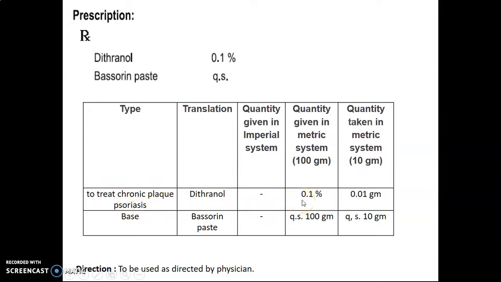Quantity given is 0.1%, that is 0.1 gram in 100, and the quantity taken in the metric system is 0.01 gram. Then Basorin paste is used as a base. Quantity given is quantity sufficient to prepare up to 100 gram, and the quantity taken is quantity sufficient to prepare up to 10 gram. Direction: to be used as directed by the physician.